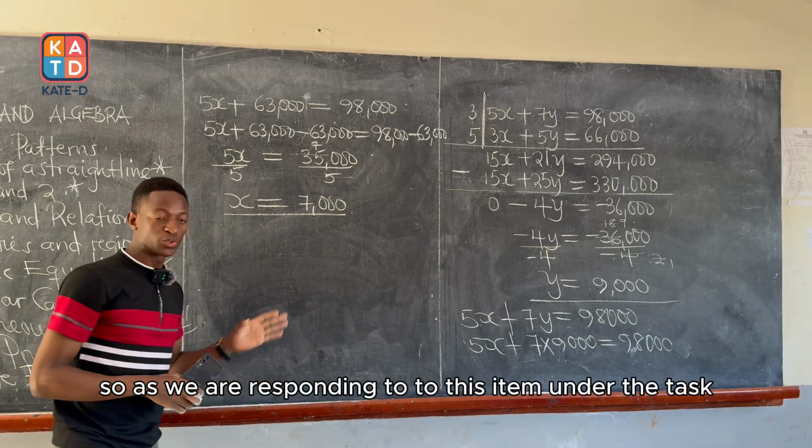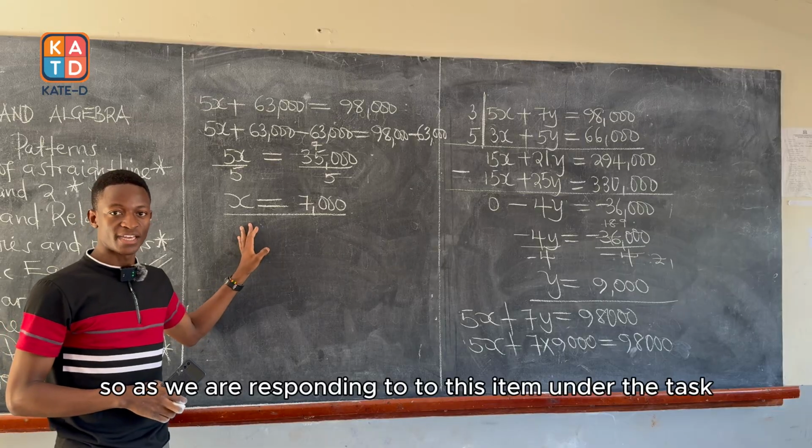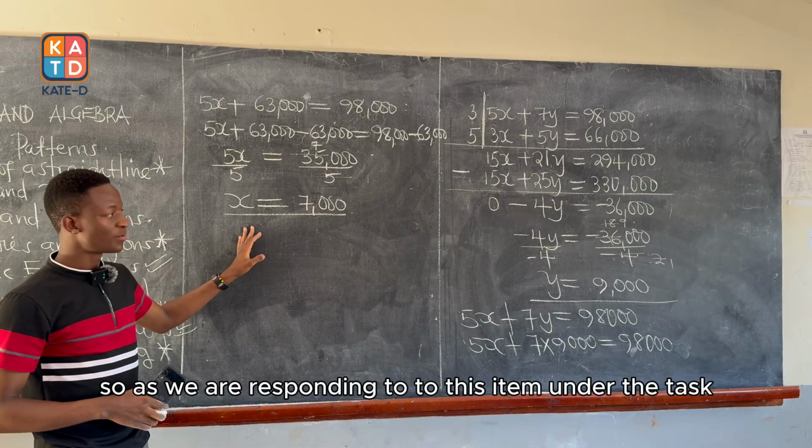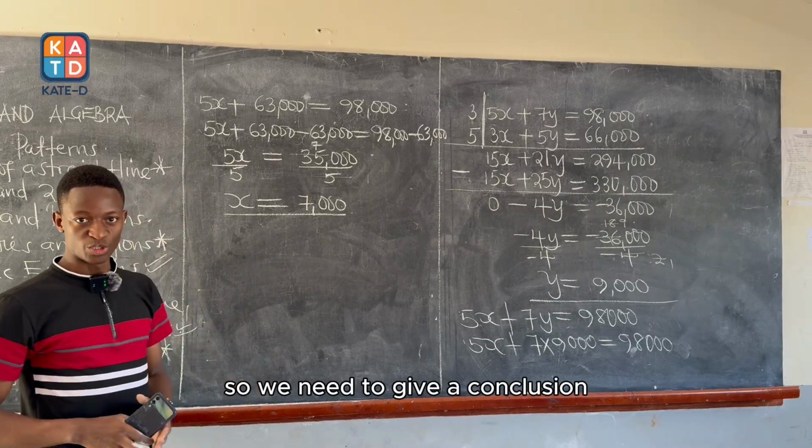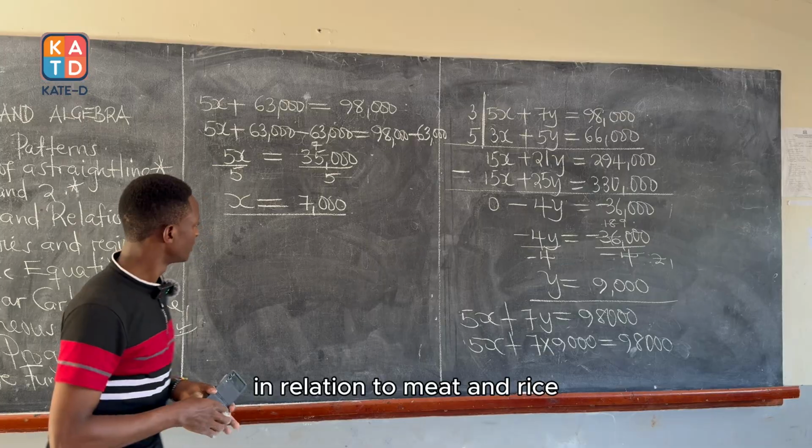So as we are responding to this item under the task, we want to find the cost per kilogram. So we need to give a conclusion in relation to meat and rice.